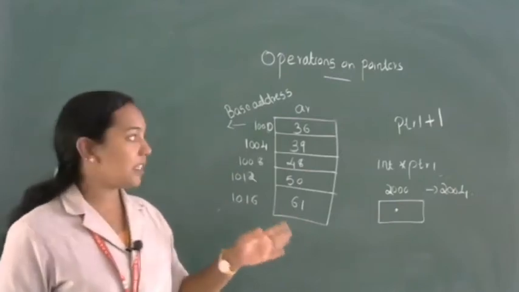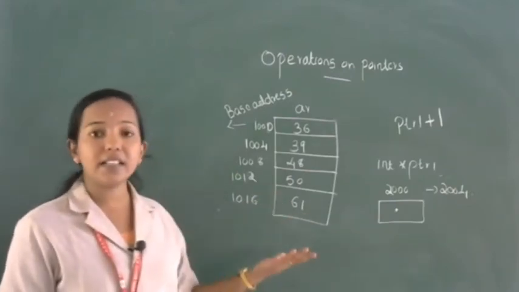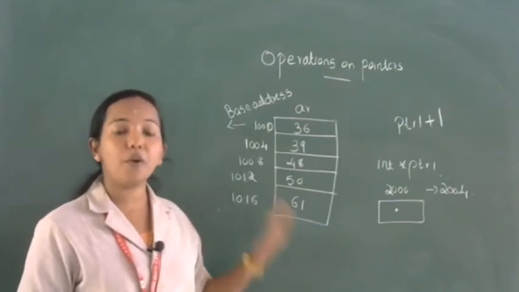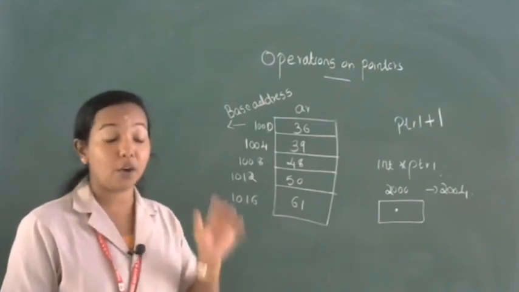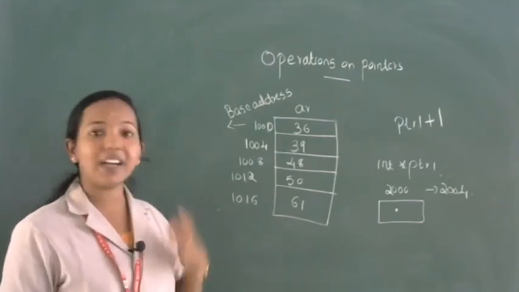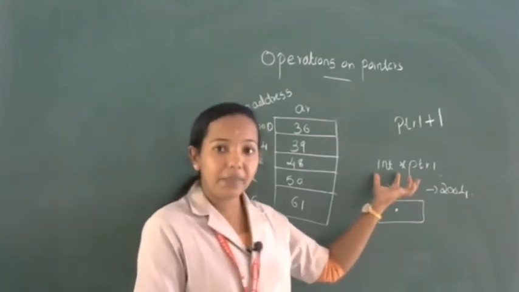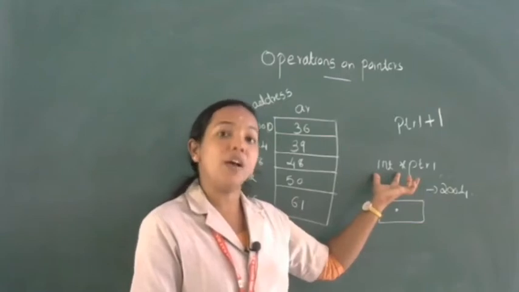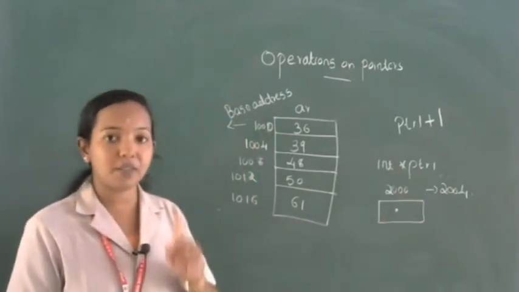These are the specialities of pointer arithmetic. When we increase a pointer value, it increments according to the memory allocation of the data type. Here the data type is integer, and integer means 4 bytes, so plus 4. If it is a character, it requires 1 byte, so plus 1.